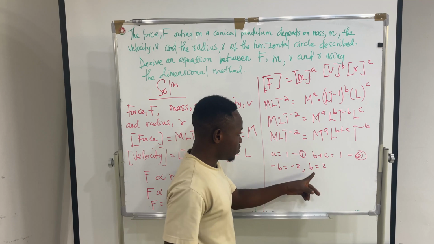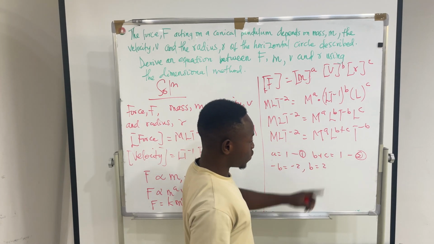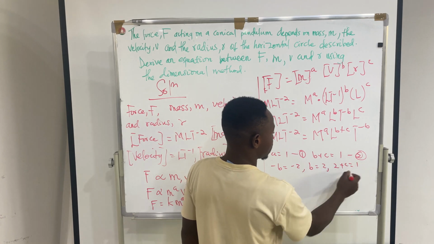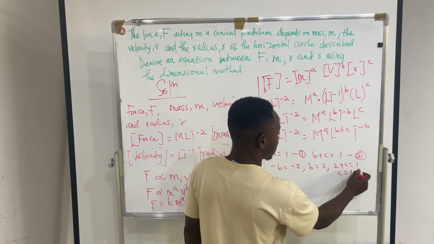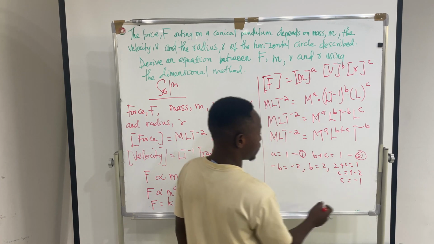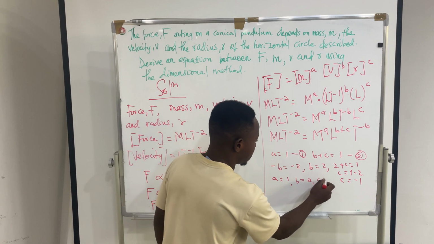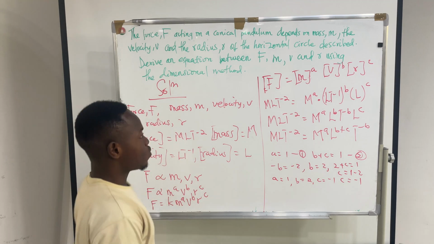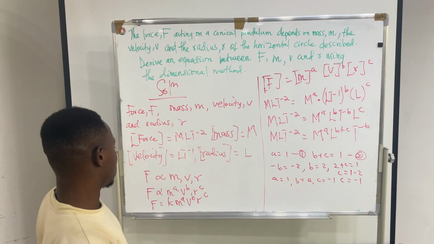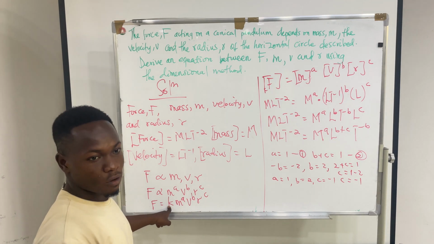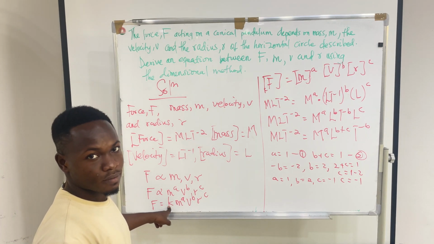I can substitute b into equation 2 to get c. So 2 plus c equals 1, so c equals 1 minus 2, so c is minus 1. Now I know a is 1, b is 2, and c is minus 1. All I have to do is substitute into this equation, and voila, I have my equation.